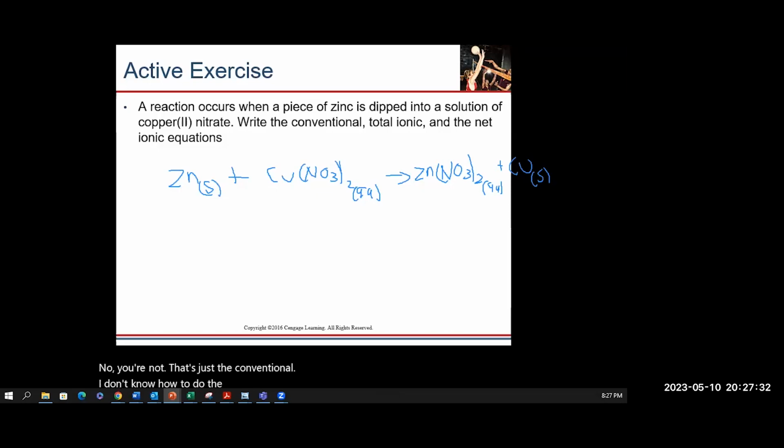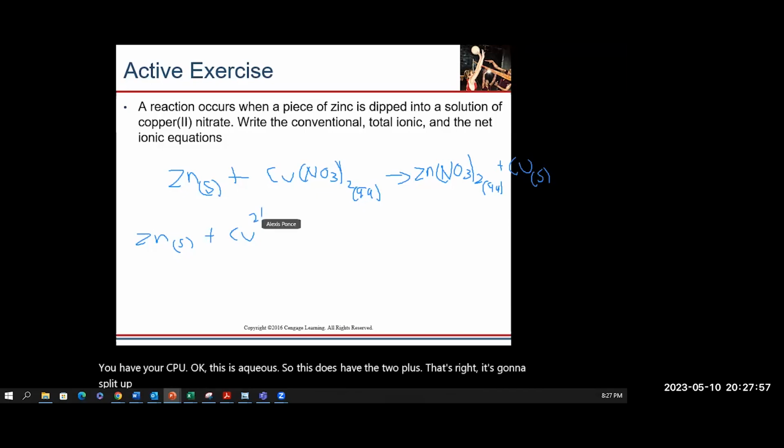The total ionic. Okay, so it would be Zn, and then you said it's a 2 plus. No, because it's a metal, it's solid, so it doesn't need the charge. That's right. Then you have your Cu, which is aqueous, so this does have the 2 plus. It's going to split up.